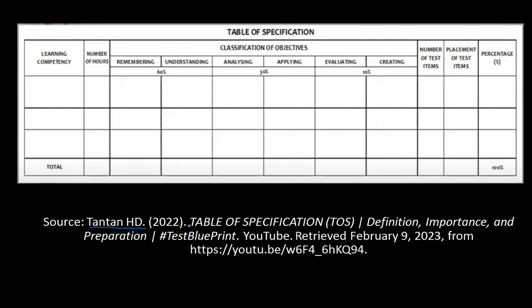Or in other words, nakuha ko tong image sa kanyang YouTube video na table specification, definition, importance, and preparation. #test blueprint. So, I use this one para to avoid confusion. And since yung mga viewers ko ay more likely Filipino, so I'm going to use this table specification format.